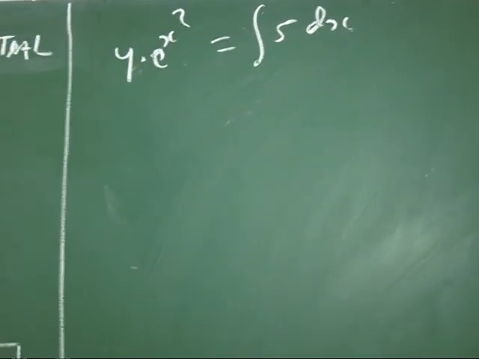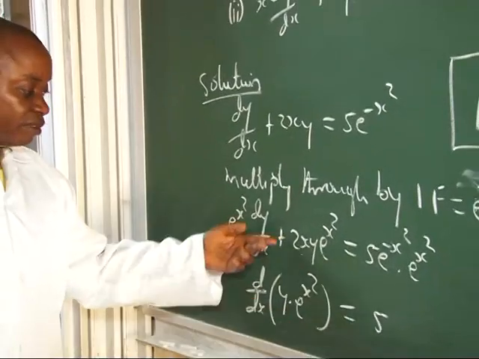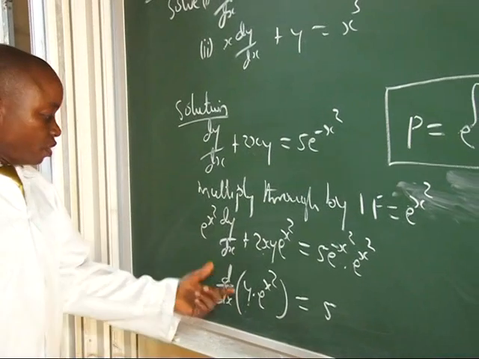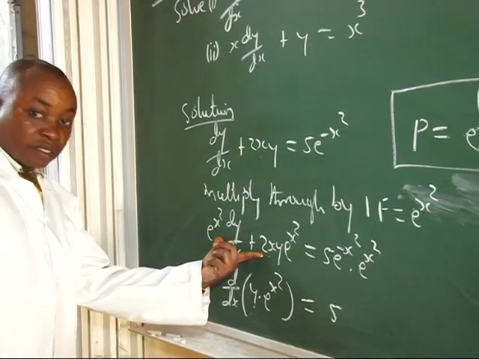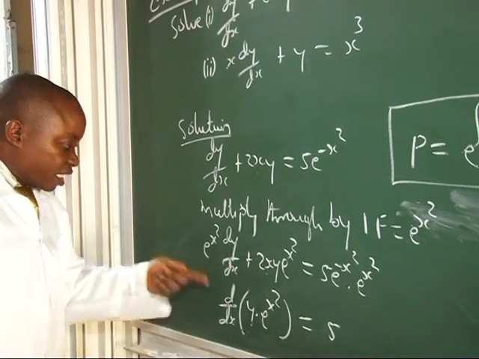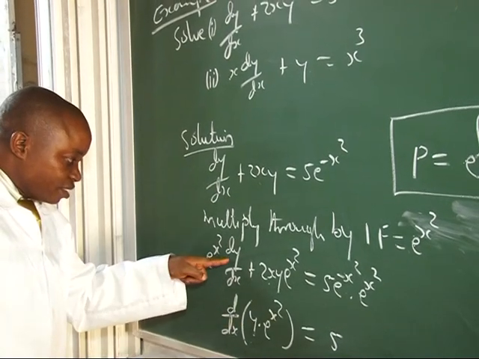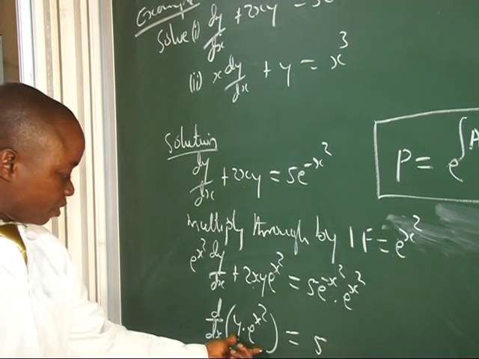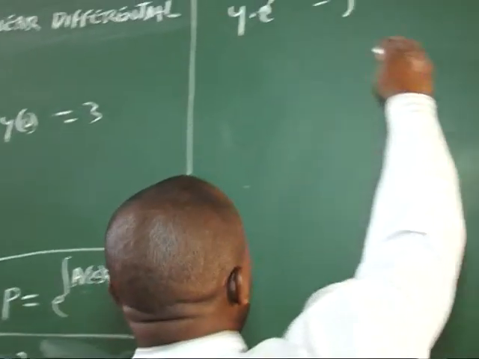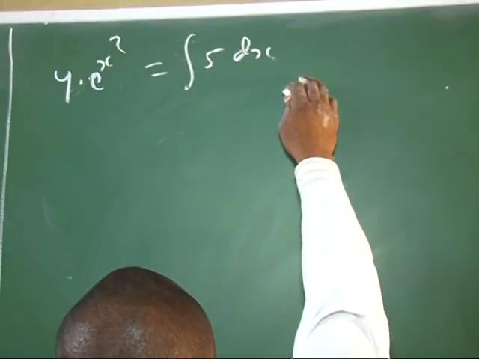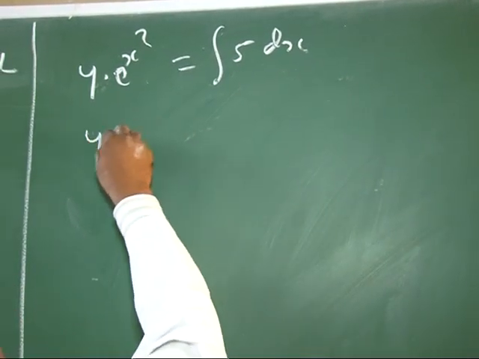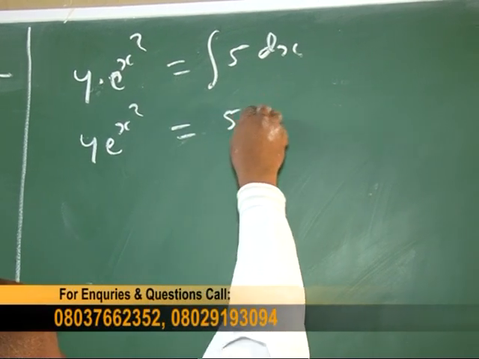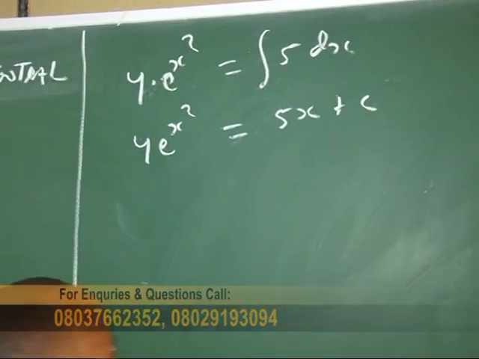Since this is the differential of this, when you integrate here, you get back the inner function. And if we do that, we'll have that y exponential x squared is equal to 5x plus c.